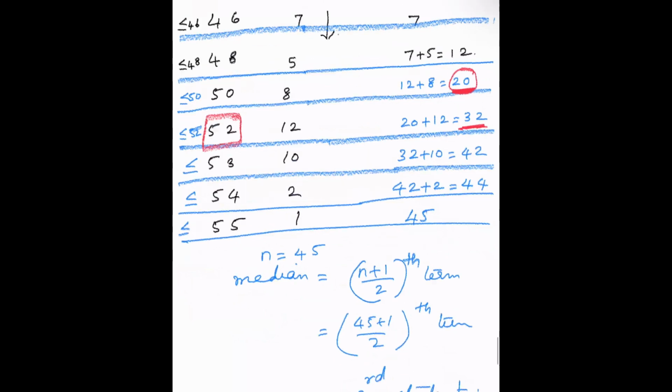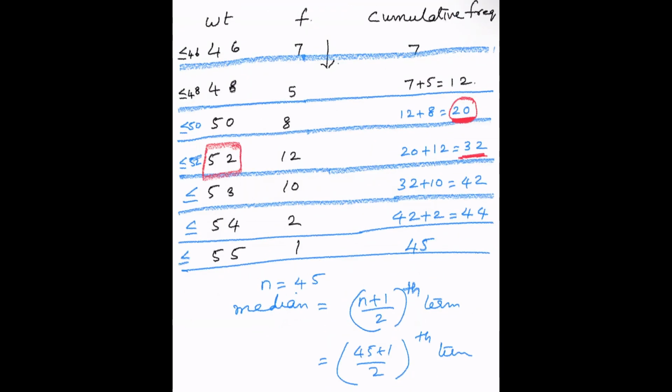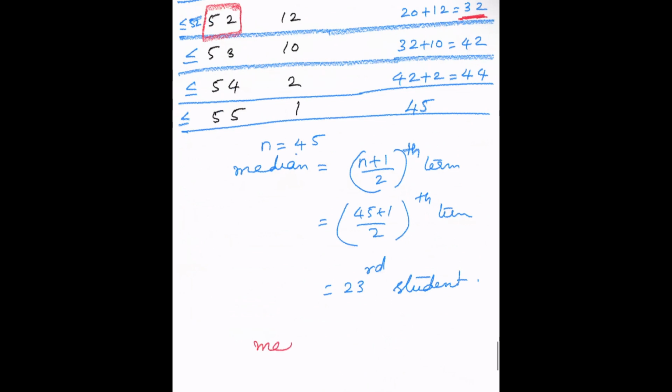My final answer is that the 23rd student has the weight 52. So the median is 52 kilograms. That's it.